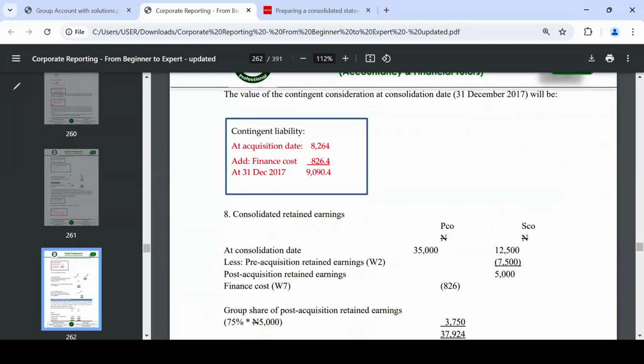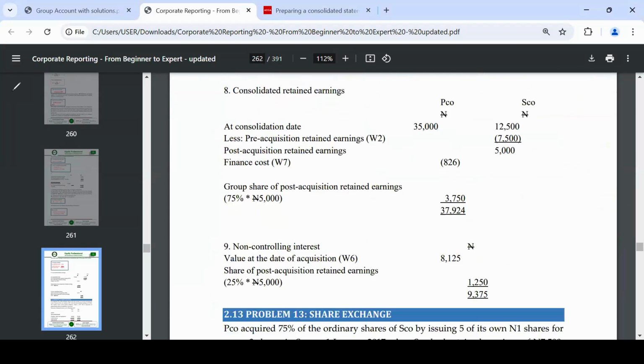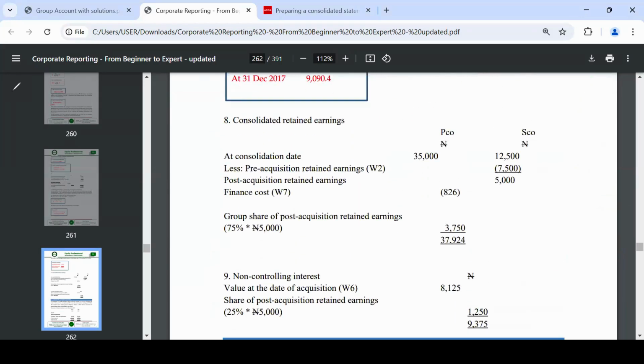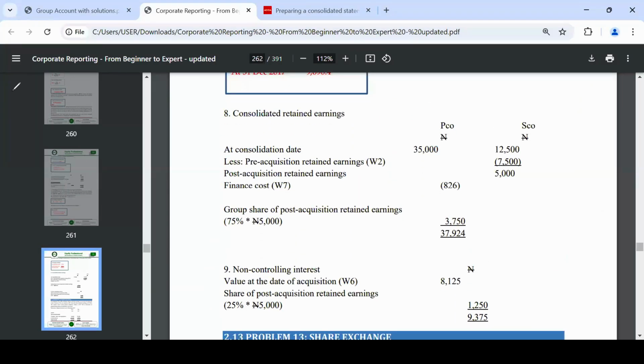And now what that means is that the total liability put together will be the one at acquisition date and this finance cost for the year 2017. And that is just the treatment that you have there. If you look at consolidated retained earnings, you see that 826 solely under PICO because it is PICO that owes that amount. And it is PICO that should bear all of that finance cost.